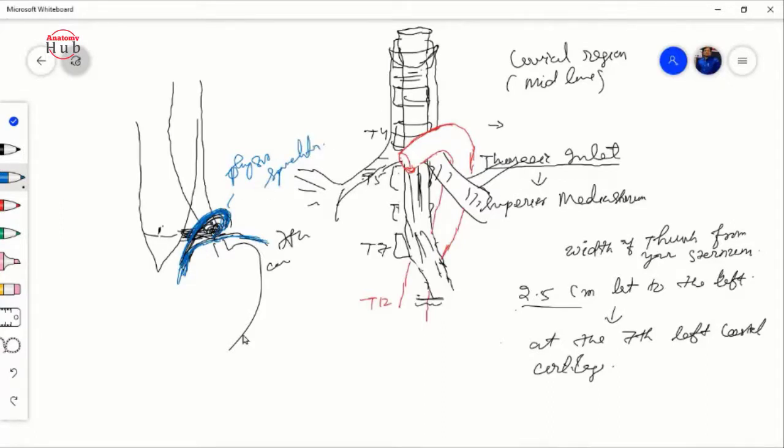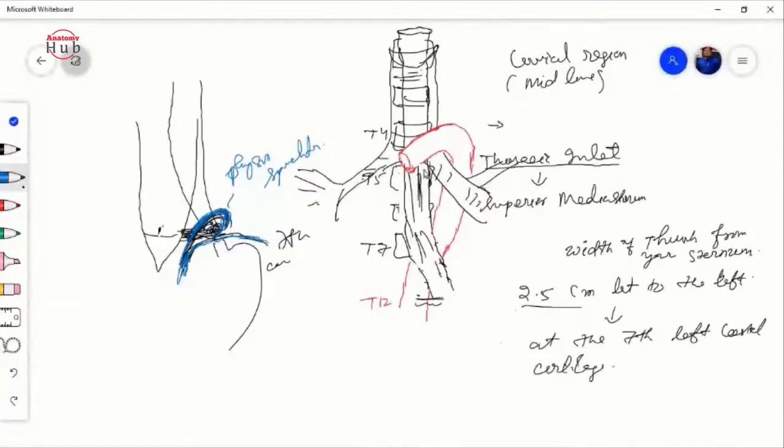Okay, so what we got now: the cervical portion of the esophagus mainly forms at the midline, then inclines somewhat towards the left side. From the midline, at the root of neck, it enters into the thoracic inlet by diverting again towards the left. At the level of T5 vertebra, it again returns towards the midline.